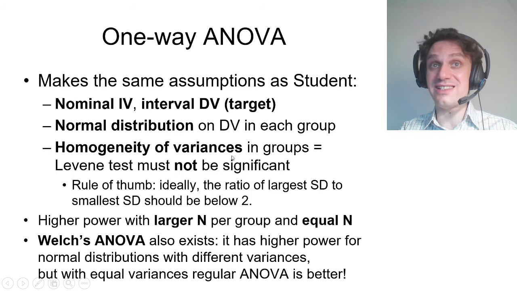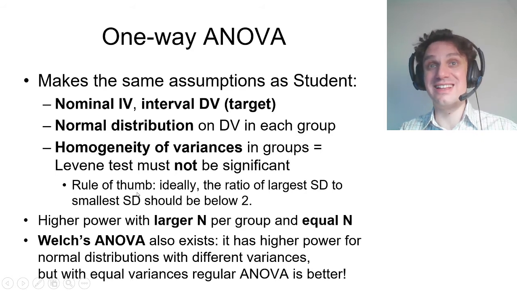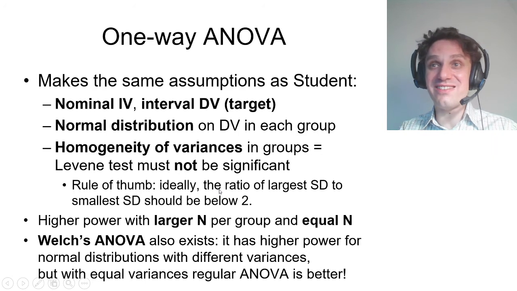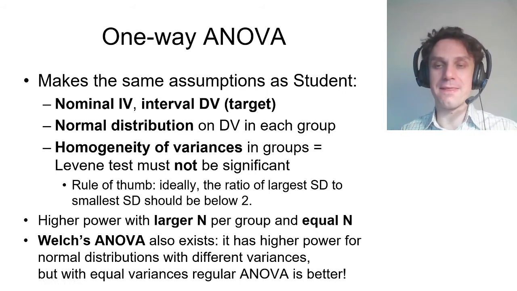Just like with the t-test, your Levene test should not be significant. Or you can use a rule of thumb. The largest standard deviation that you see across your groups and the smallest standard deviation that you see should not differ by more than twice.